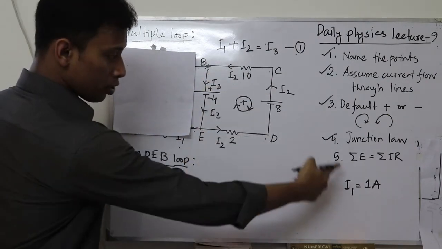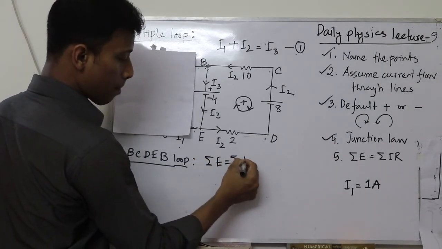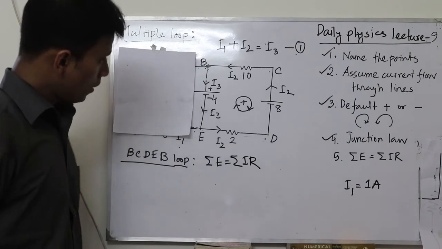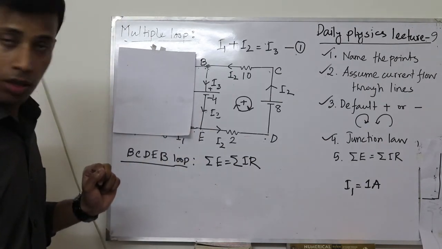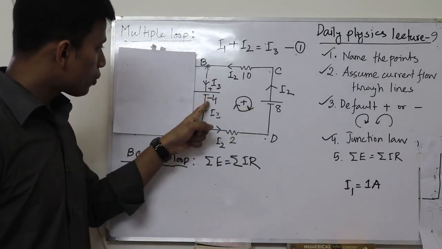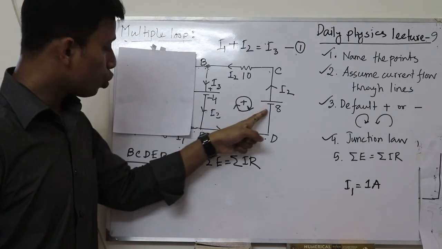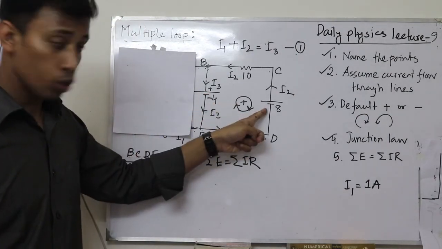So use step 5, Kirchhoff's second law. Here, how many cells do we have? 1, 2. We have only 2 cells. This is 1 and this is 2.